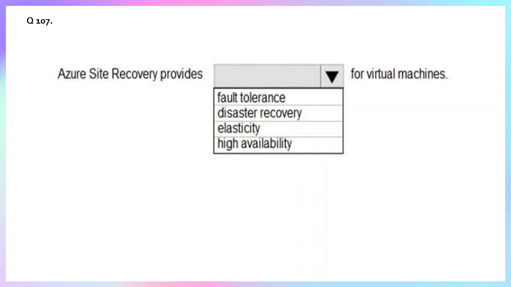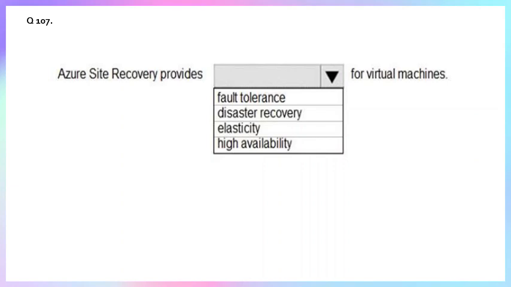Question number 107. Azure Site Recovery provides for virtual machines. So, here it's asking about site recovery, meaning something like disaster recovery. Azure Site Recovery replicates workloads running on physical and virtual machines to a secondary location.